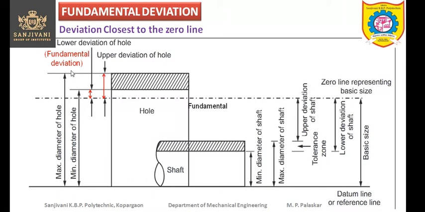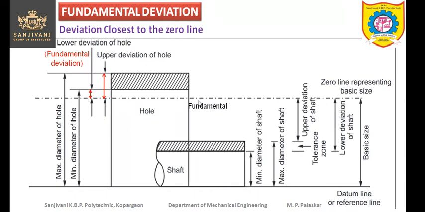This line is for the upper deviation, that is the maximum size. This line is for the minimum size, this is the lower deviation. So you can see this line is closer to the zero line as compared to this line. Therefore this lower deviation in case of the hole is the fundamental deviation.